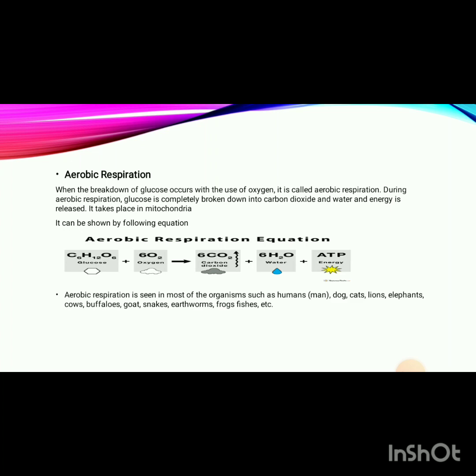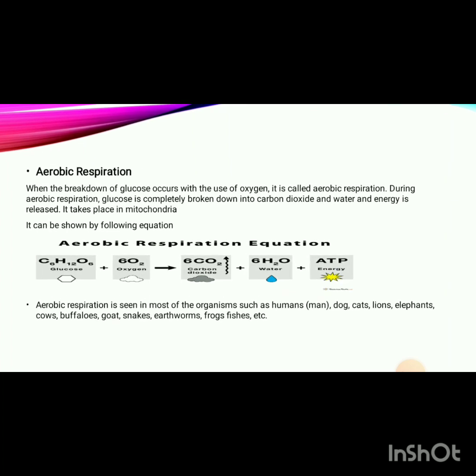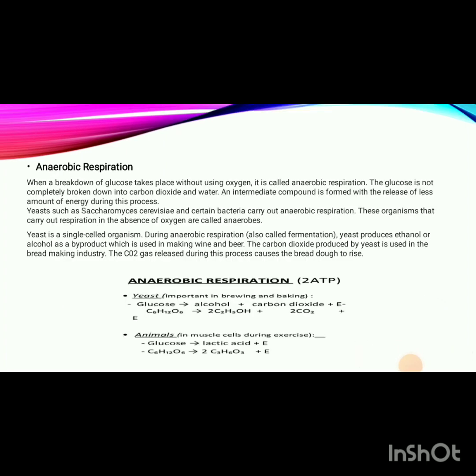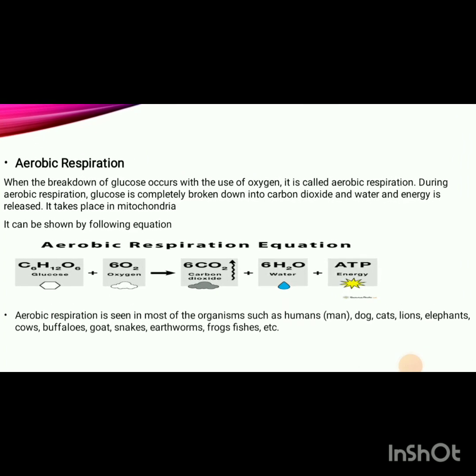When the breakdown of glucose occurs with the use of oxygen, it is called aerobic respiration. During aerobic respiration, glucose is completely broken down into carbon dioxide and water and energy is released. It takes place in mitochondria. Mitochondria is the part inside the cell.